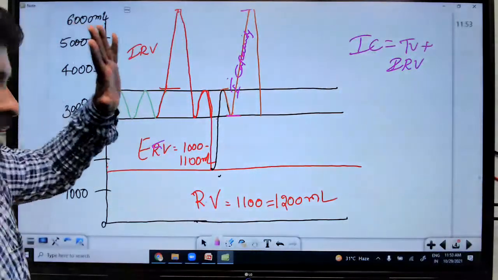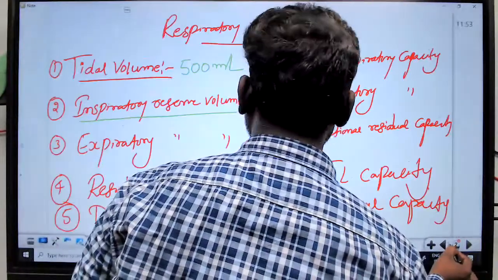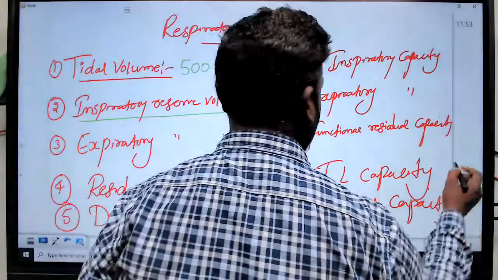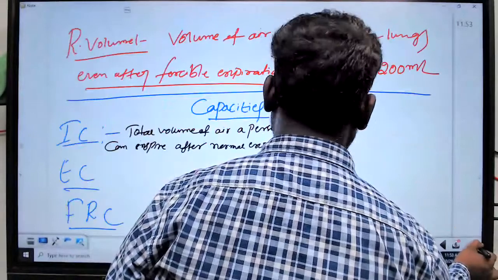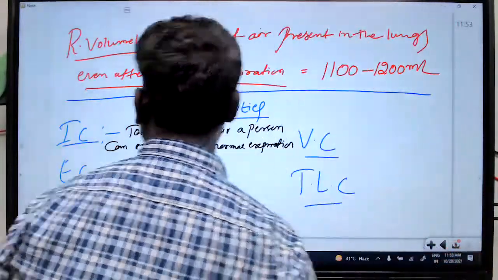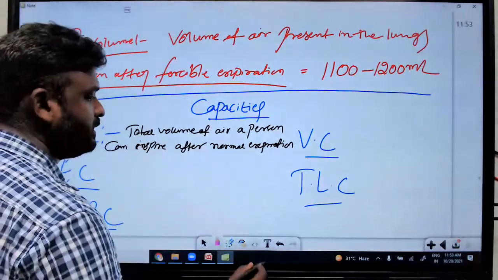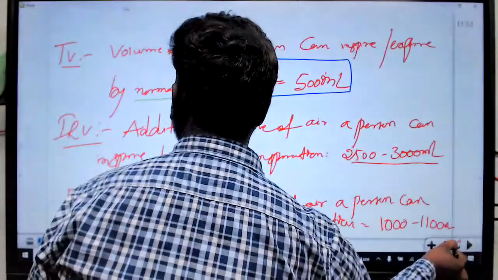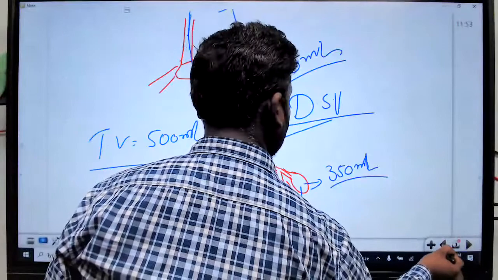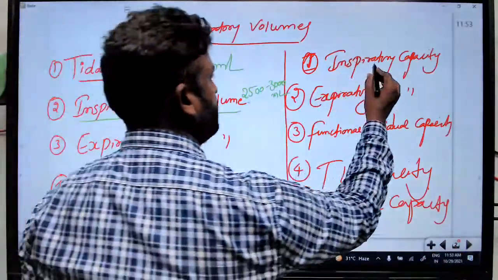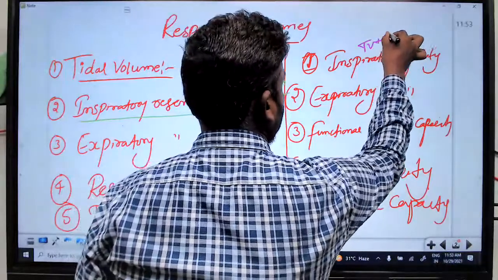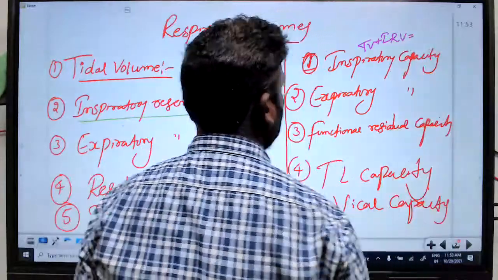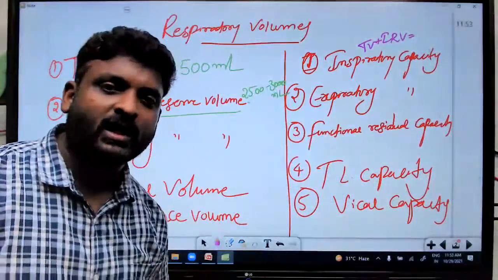TV, as mentioned there, is 500 ml, and IRV is 2500 ml. So inspiratory capacity equals TV plus IRV, which is 500 plus 2500, so 3000.